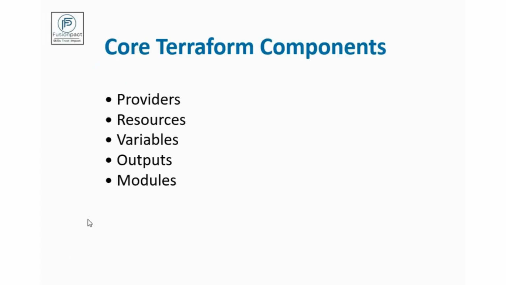These are the components of writing the Terraform files, starting with providers, in which we can give providers such as AWS, Azure, and Google Cloud for various cloud platforms. Then we have the resources as discussed, such as EC2 instances, virtual machines for Azure, and a cloud instance for Google Cloud.